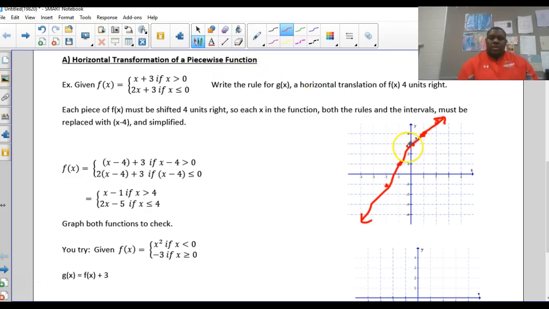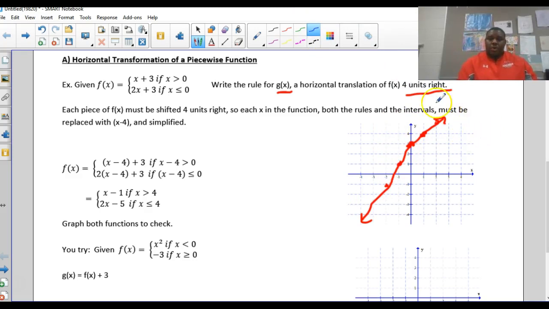For the rest of the problem, it says write a rule for g of x, which means we're going to make a new piecewise function: a horizontal translation of f of x 4 units to the right. This function right here in red represents f of x. We're going to move it to the right 4 units, which means we're going to make g of x.